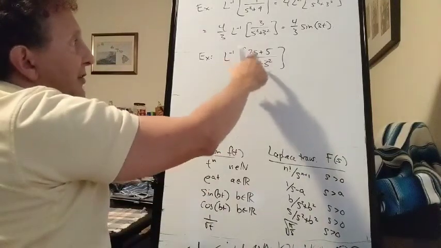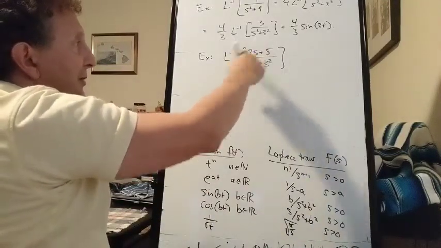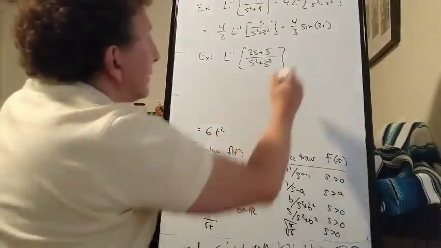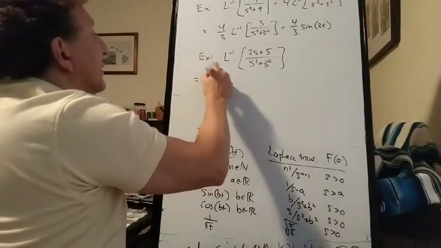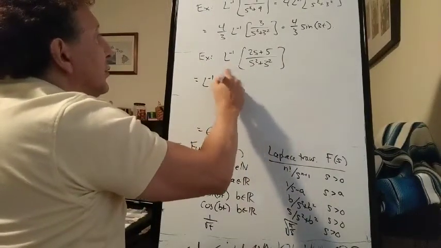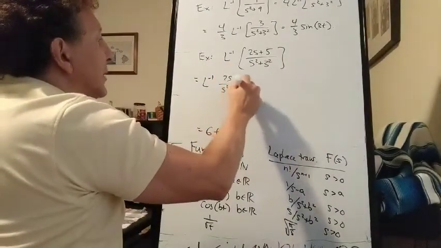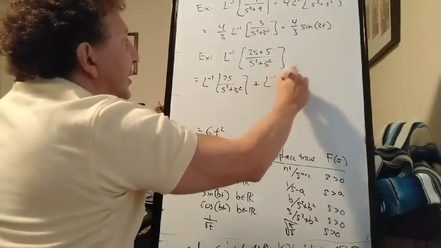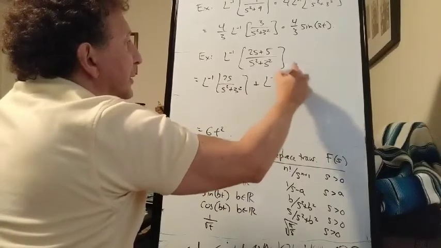Well, we can write this fraction as 2s over the denominator plus 5 over the denominator, and then tackle each one separately. So this is L inverse of 2s over s squared plus 3 squared plus L inverse of 5 over s squared plus 3 squared.